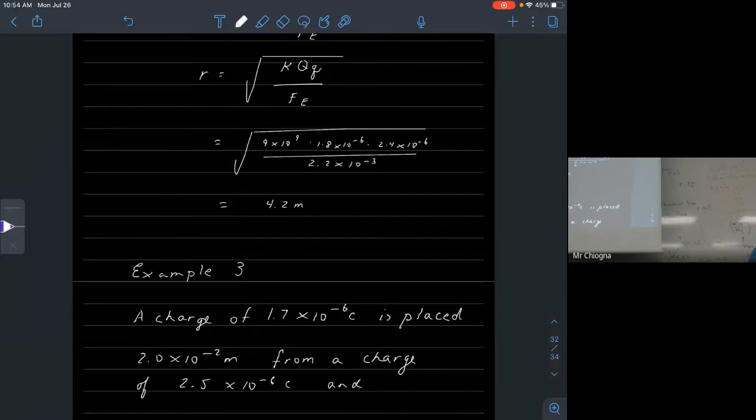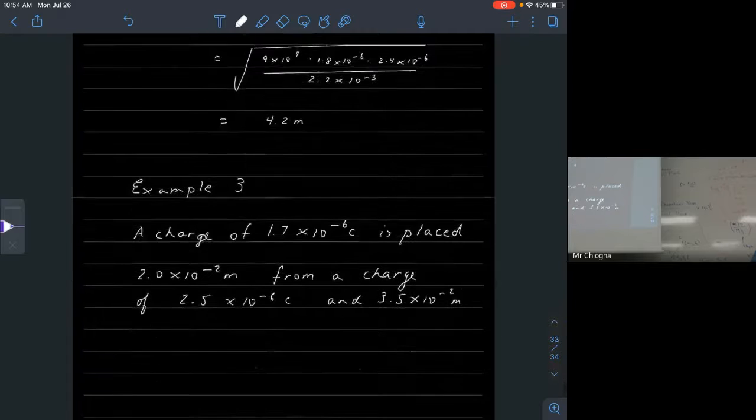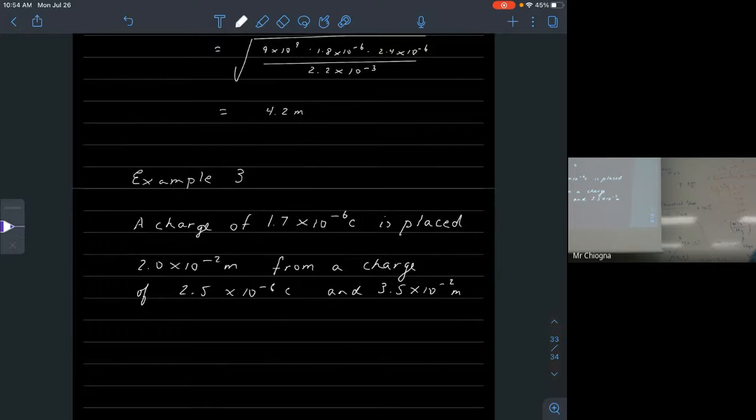And calculate the net electric force. I'll draw it.